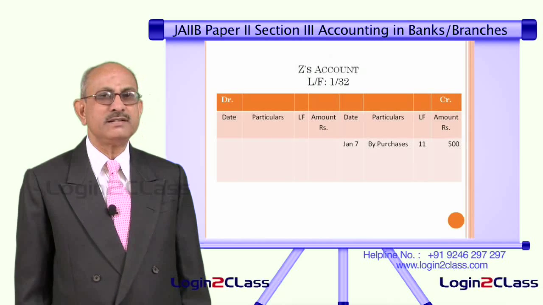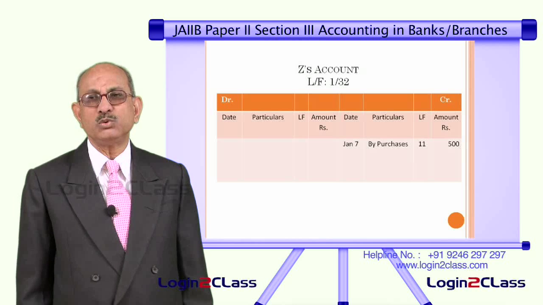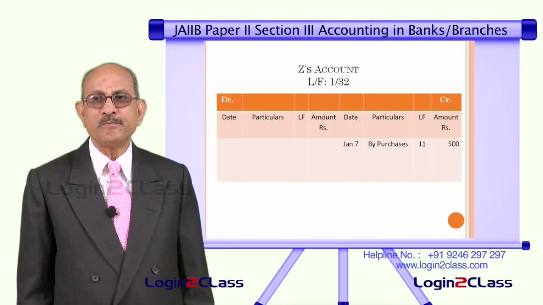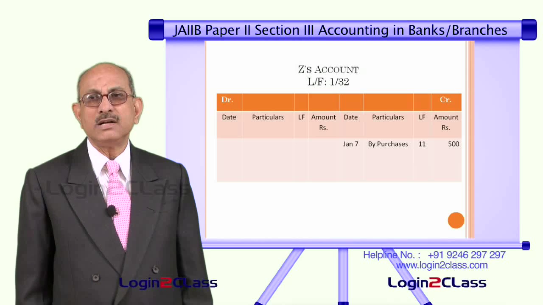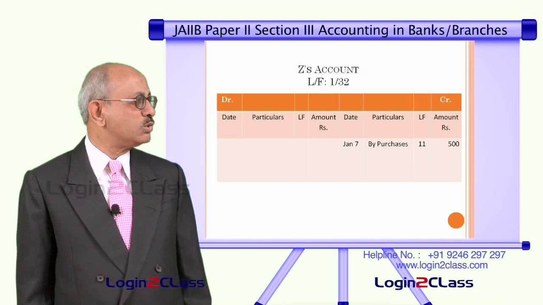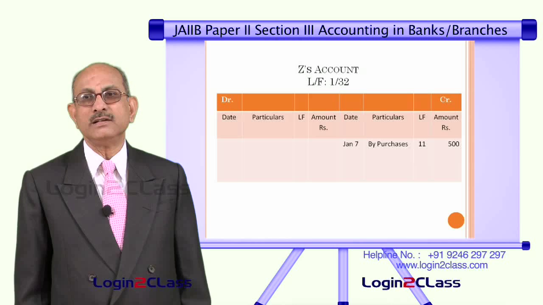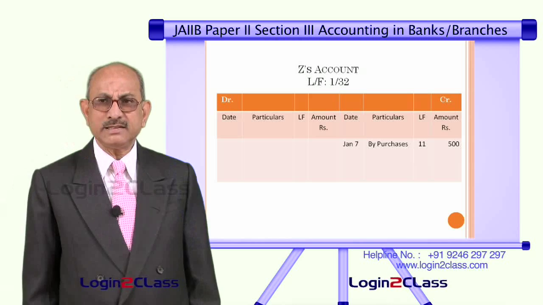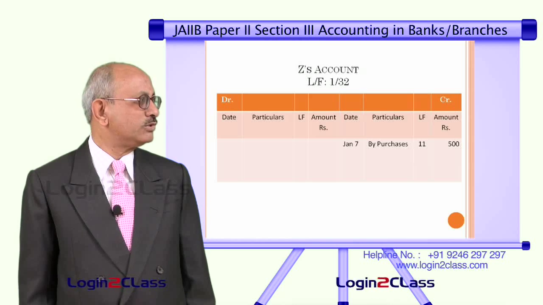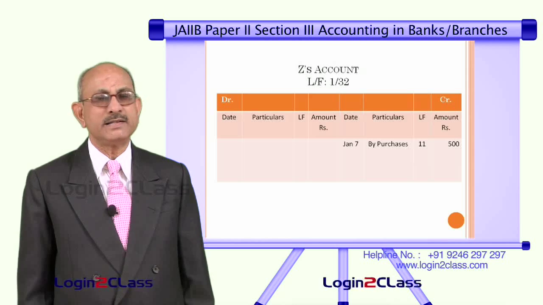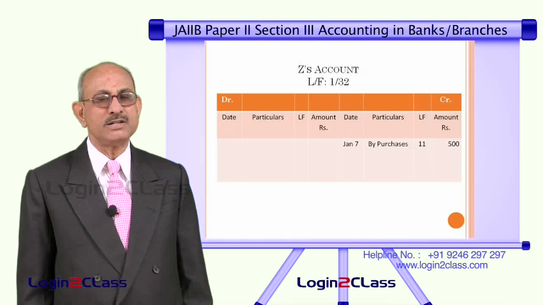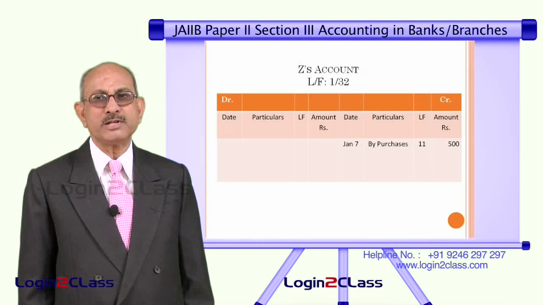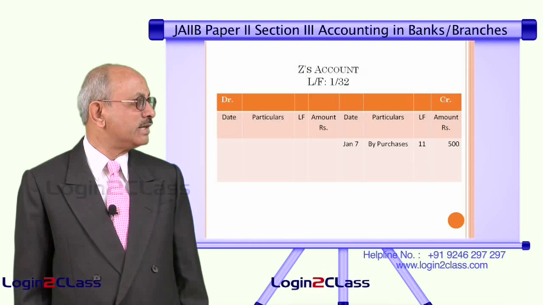Then coming to Z's account, Z is a person who is supplying goods to the entity. That means he is a supplier of the goods, and the entity had purchased goods on credit from Z. So we had debited purchases account and credited Z's account. So this will appear on the credit side of the Z's account by indicating that the other side pertains to purchases. So we write by purchases and write the amount there.